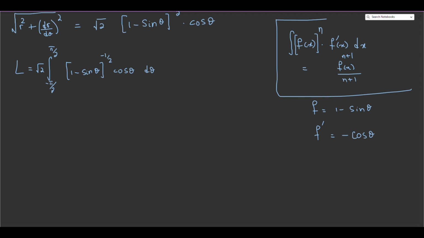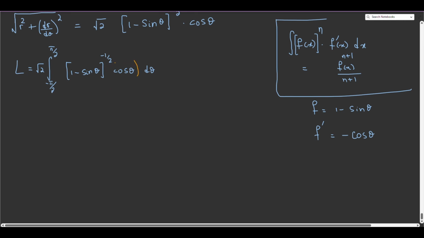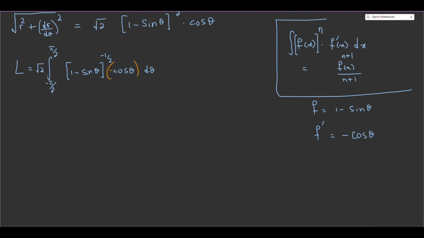So we can put the negative sign here with the cosine theta, and in order to balance the equation we can also write the minus sign outside the integration. So that will give us the following: minus this, and the integration now becomes the following.